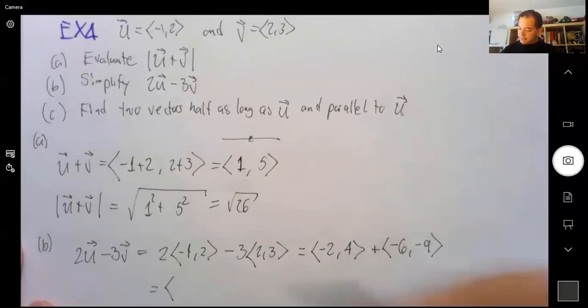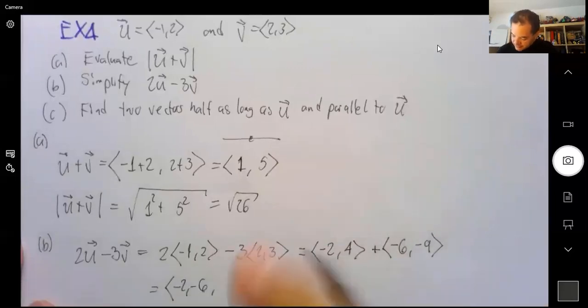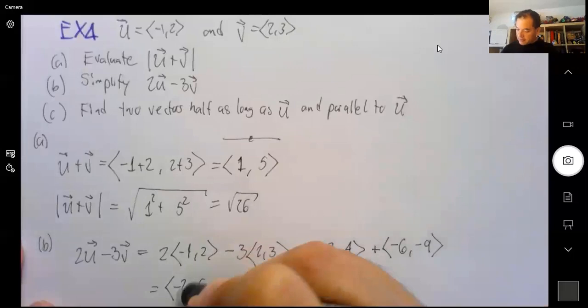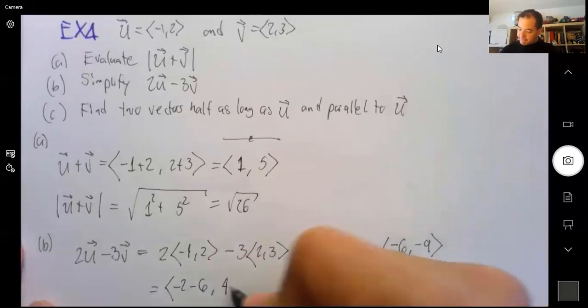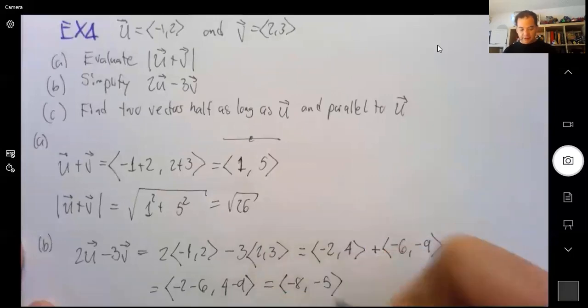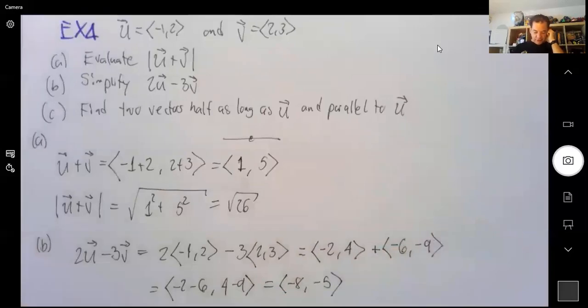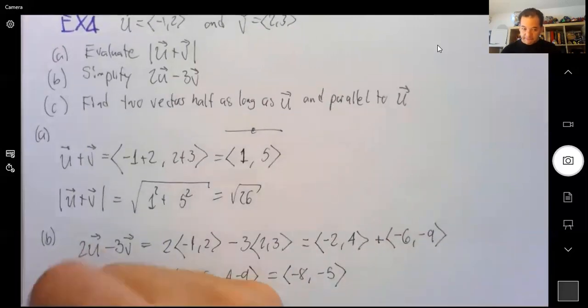So it will be -2 minus 6, and then 4 minus 9. So that's -8, -4 (that is, -8 and minus 4... the vector -8, -5). That's our simplification.